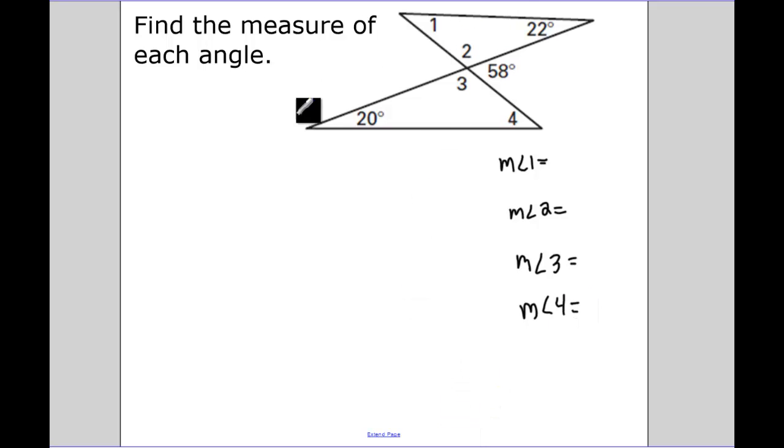Okay, I know 58. This is an exterior angle. So 58, the exterior angle, equals the remote interior angle, angle 1, plus 22. So angle 1 is going to be equal to 58 minus 22, which is 36.